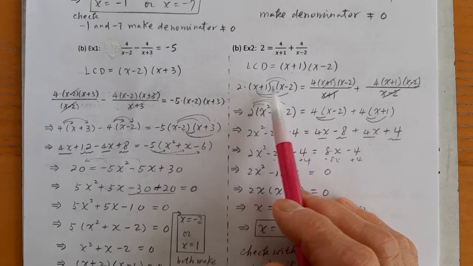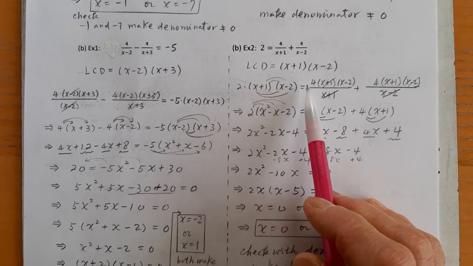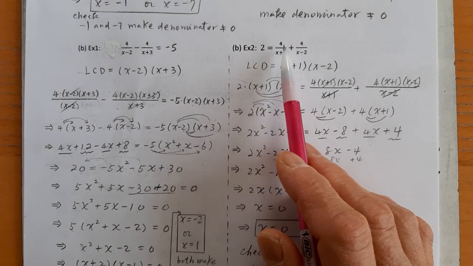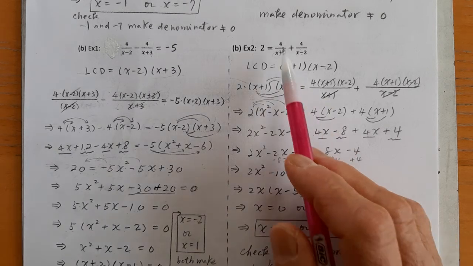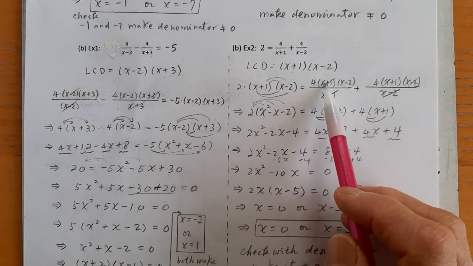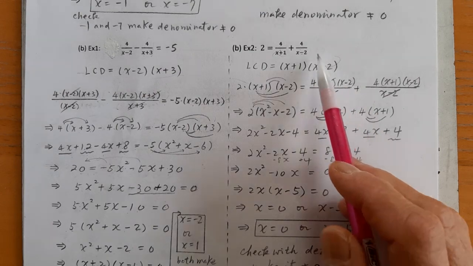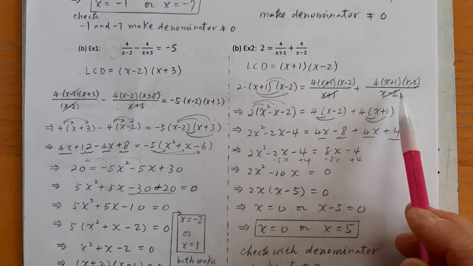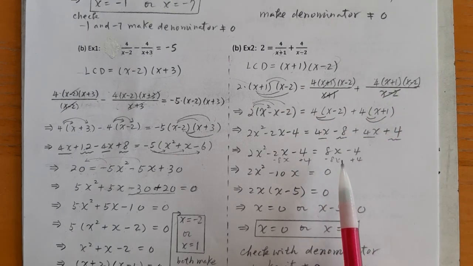So 2 times the LCD, x plus 1 quantity x minus 2, equals 4 over x plus 1 times the LCD x plus 1 x minus 2, plus 4 over x minus 2 times the LCD x plus 1 x minus 2.